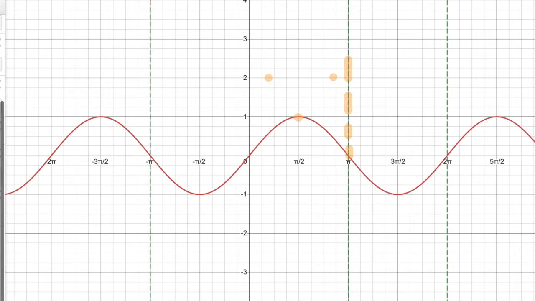And of course there'll be one at 0. So anywhere where the sine curve equals 0, where the y coordinate is 0, 1 over 0 does not work. There'll be one at negative 2 pi, there'll be one at 3 pi. All of those places have now got these green asymptotes drawn to show that 1 over the sine curve just doesn't exist.